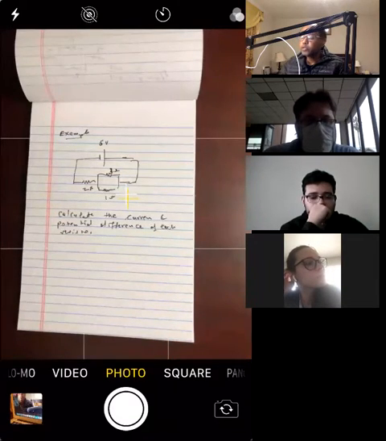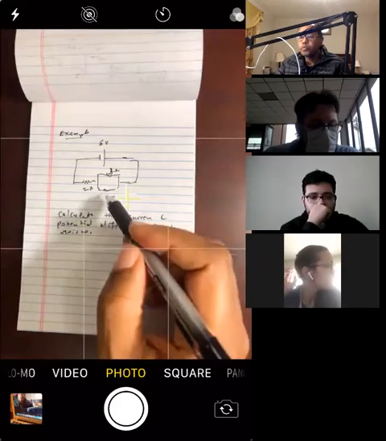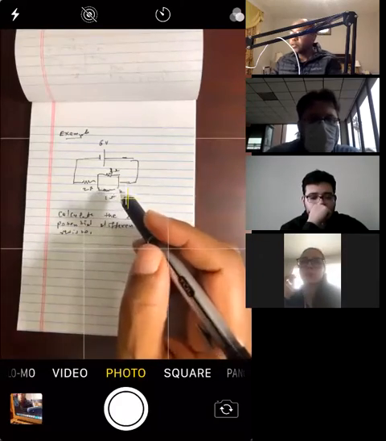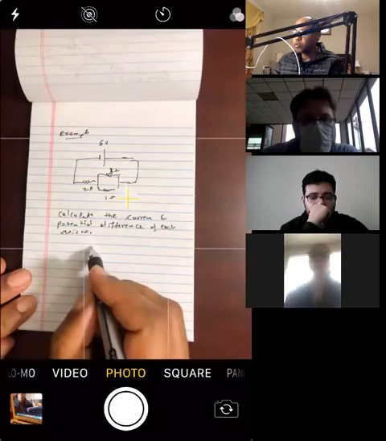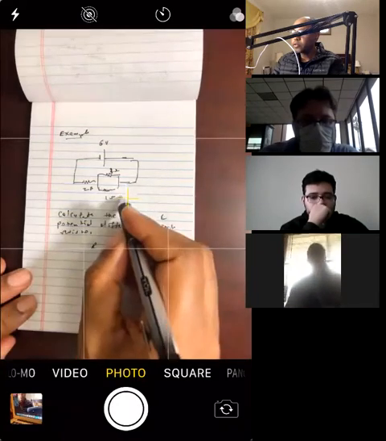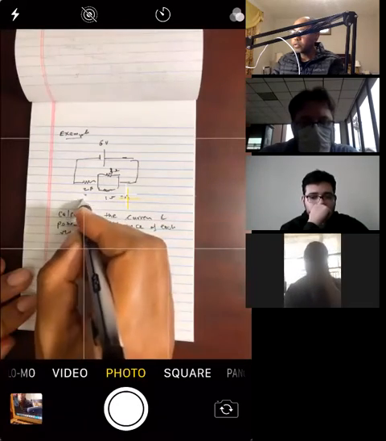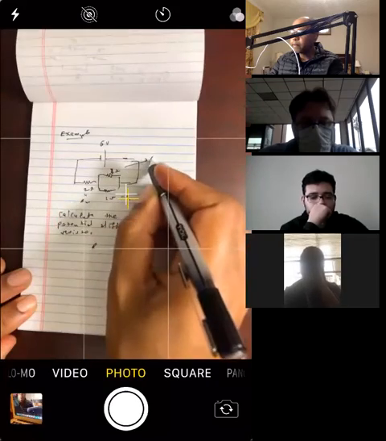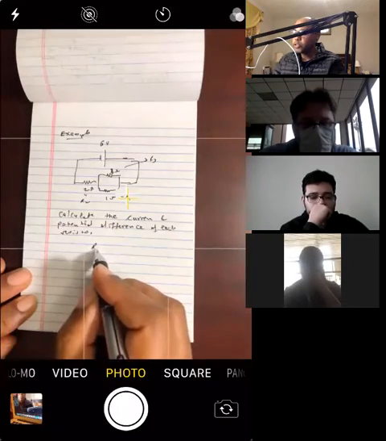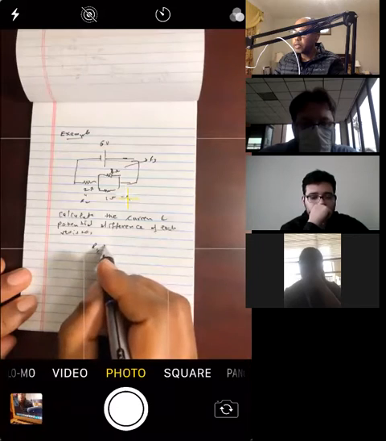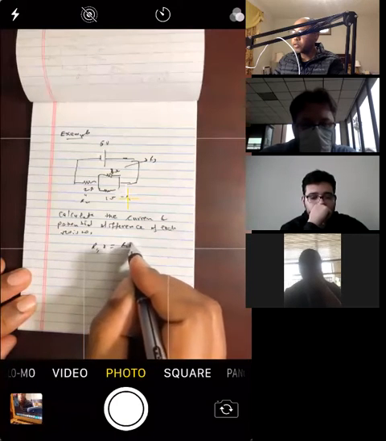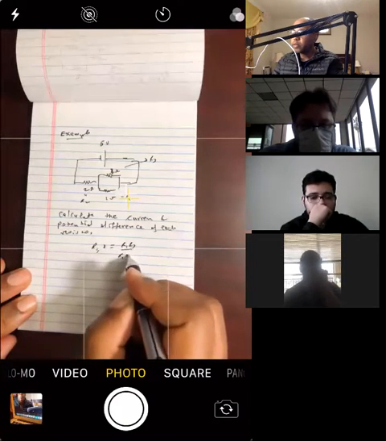The first simplification we can do is we combine these two. They're in parallel, right? So we can combine 1 and 3. Let's call this R1. Let's call this R2. Let's call this R3. Okay, so the combination of 1 and 3, they're in parallel, is product over sum, right? R1 R3 divided by R1 plus R3.